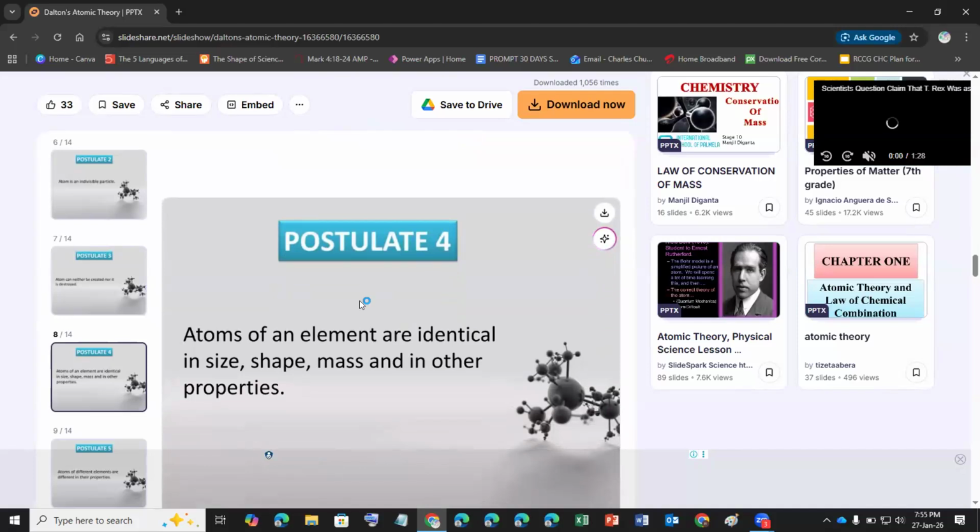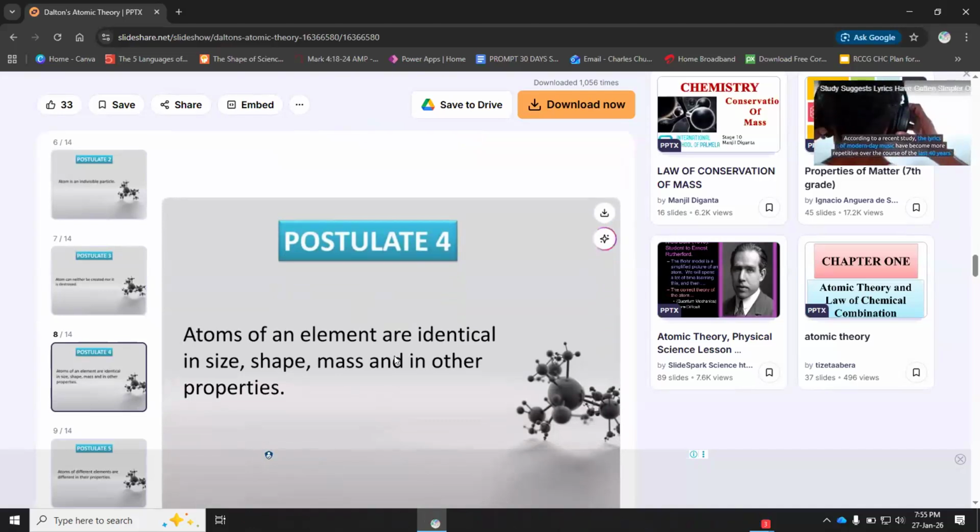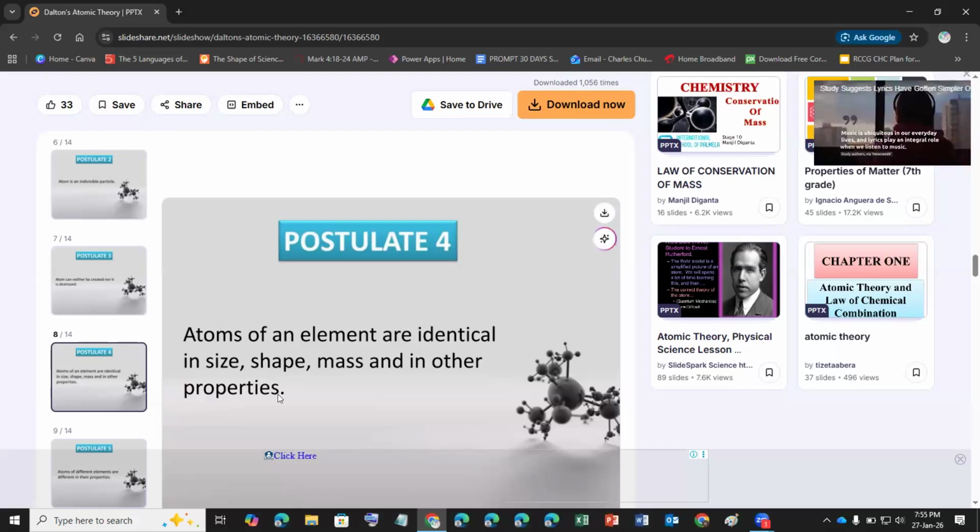So when you look at it in that regard, that's why I gave an example. I used iron. You remember when I was explaining this, I used iron as an example, right? They are identical in size, shape, mass, and in other properties. And I want you to listen carefully to the implication of this.